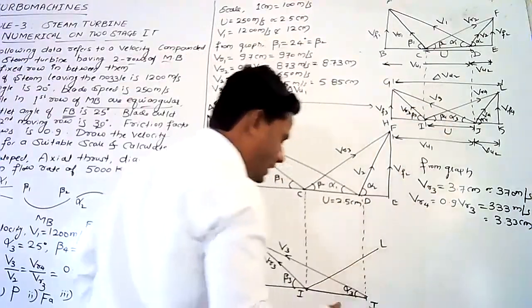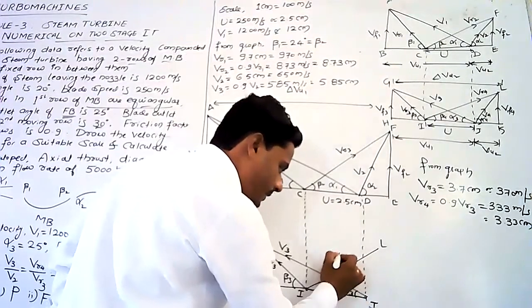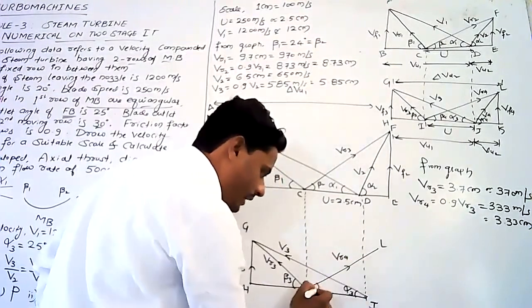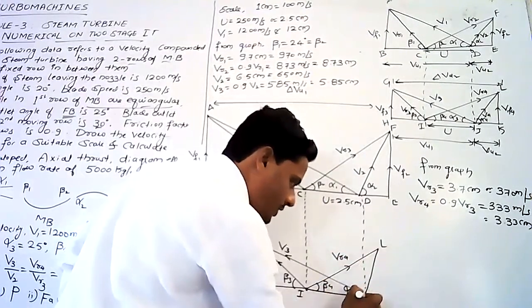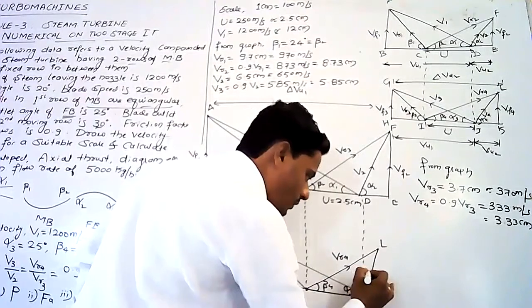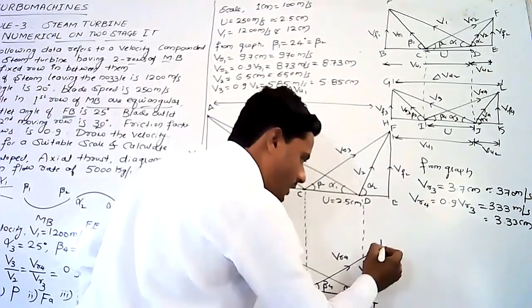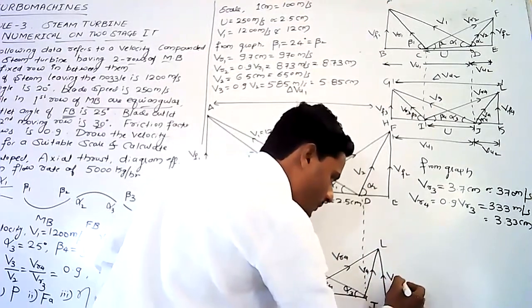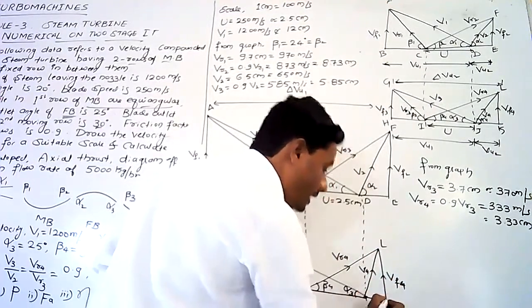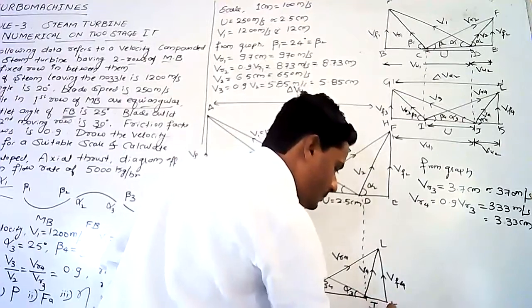So this is VR4 at an angle beta 4, and join LJ. This is V4, and from L drop a vertical line. So this is VF4.